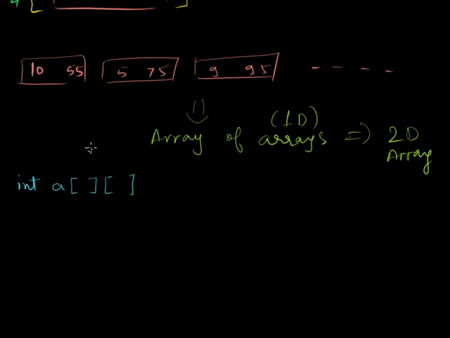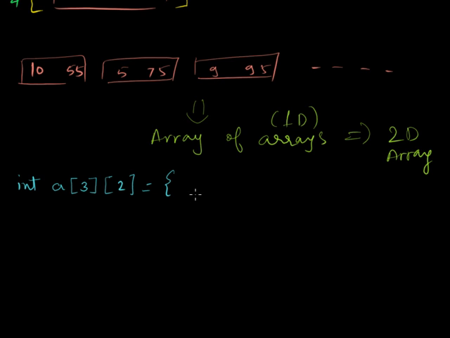Let's say I have 3 rows and 2 columns, right? So similar to 1D arrays, we have the elements.